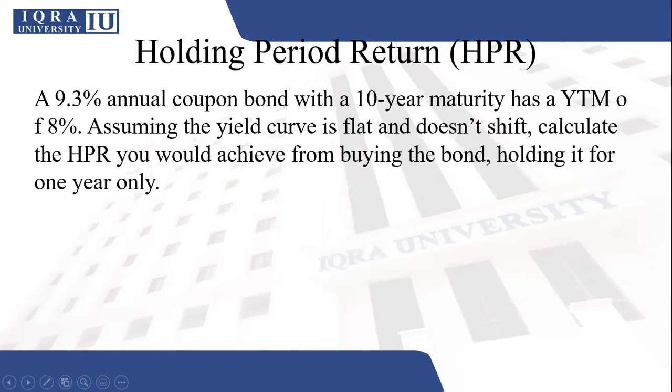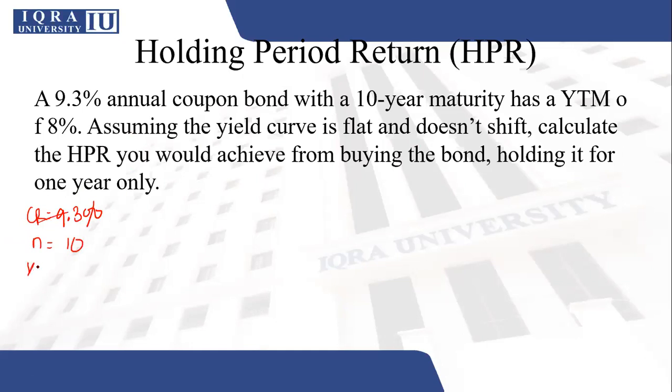So the question is about a 9.3% annual coupon bond. So I'm going to write the data. The coupon rate is 9.3% with a 10-year maturity. So N is 10.